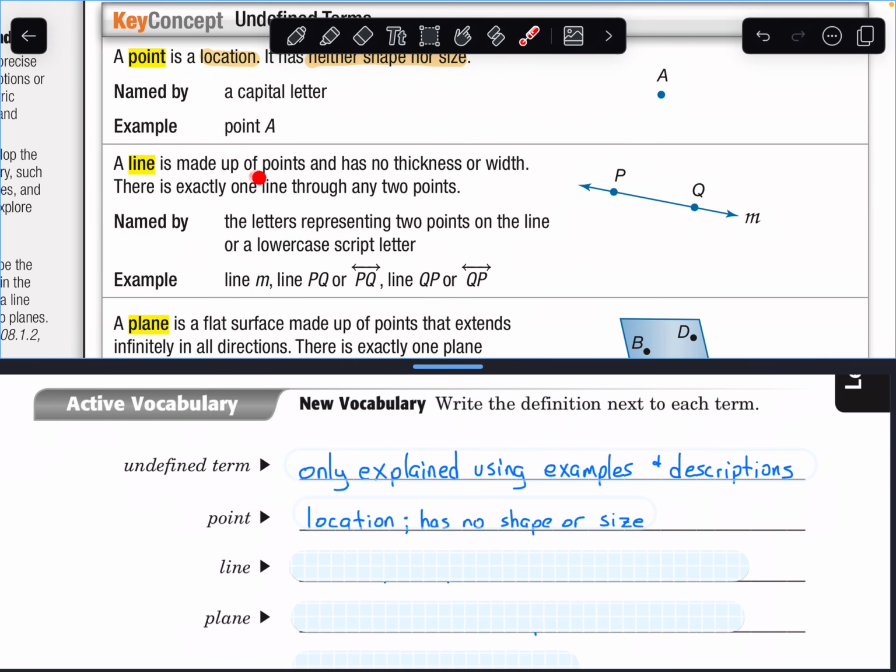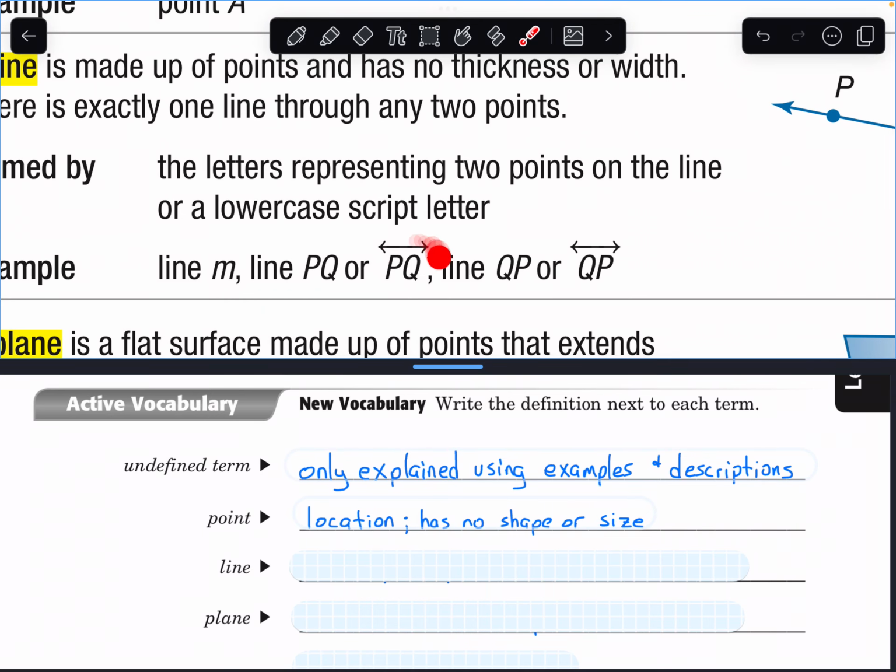A line is made up of points and has no thickness or width. There is exactly one line through any 2 points, named by the letters representing those 2 points on the line, or a lowercase script letter. So for example, this line here on these 2 points, we can call it line M, or we can call it line PQ. Note it has the symbol above that just shows an actual line.